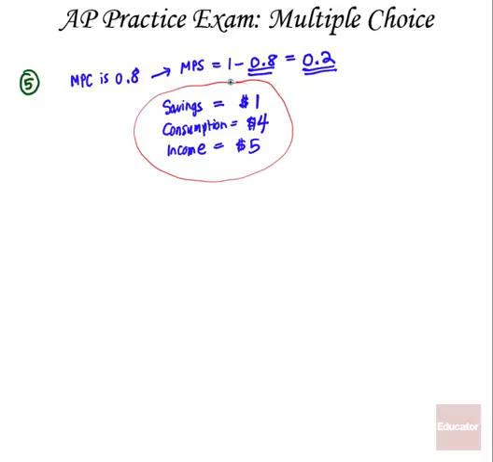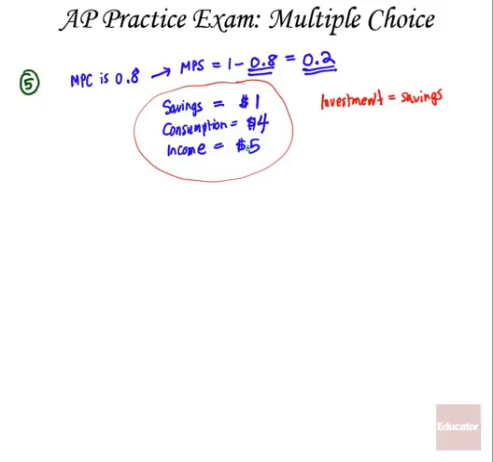So for part A, when consumption increases by $5, investment increases by $1. Now, one thing here is investment equals savings, so you can say that savings increases by $1. A is kind of close, but $5 means that investment or savings is going to increase by a little bit more than $1, not a maximum of $1.